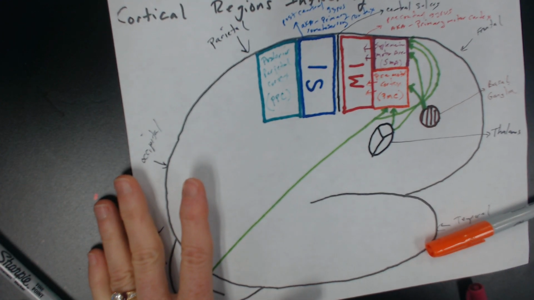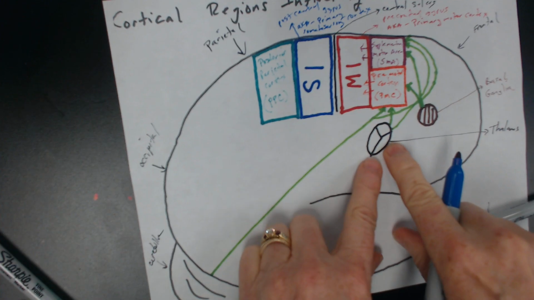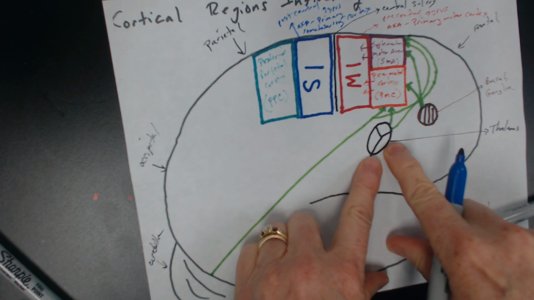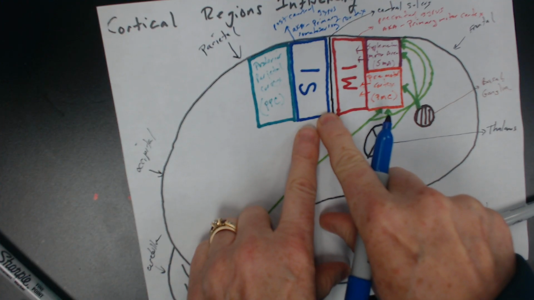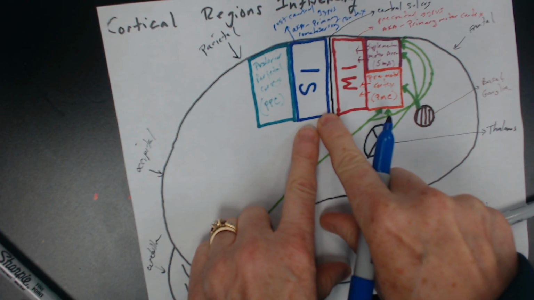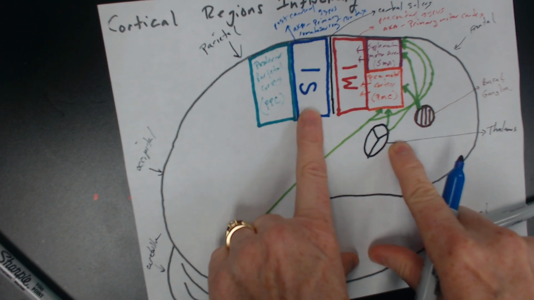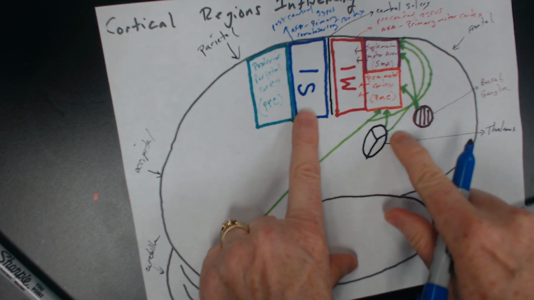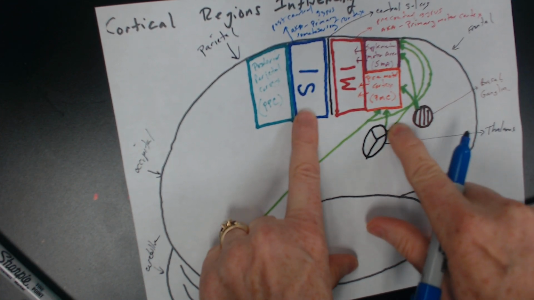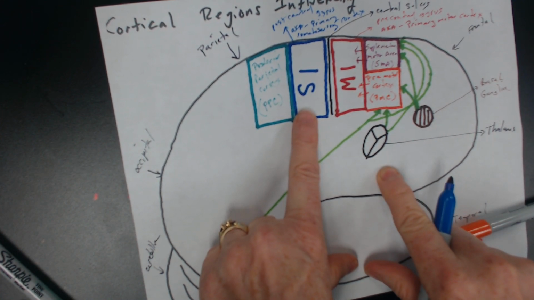The only difference is that the thalamus is receiving all sensory information. S1 receives all somatosensory information. So auditory and vision are going to go through the thalamus, but they're not going to go to S1. So this is more of total sensory information. Okay.